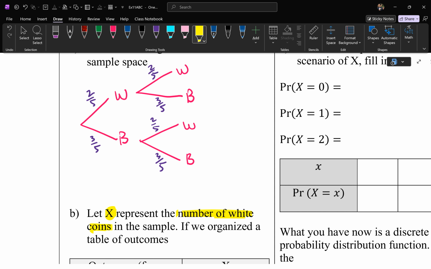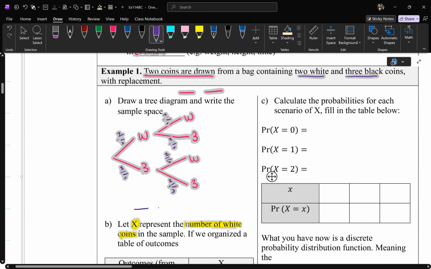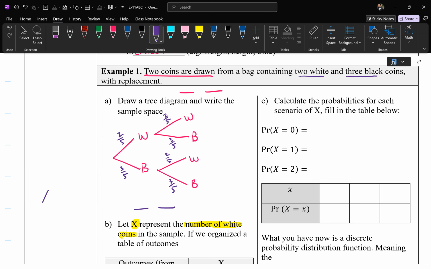So how many white coins can you possibly get? Now, if you think about it logically, if you draw out twice, what's little x going to equal? Because I know capital X is equal to the number of white coins. What's little x equal to?